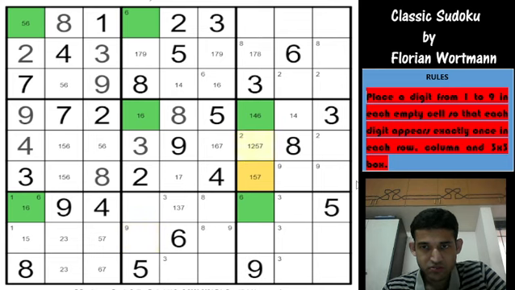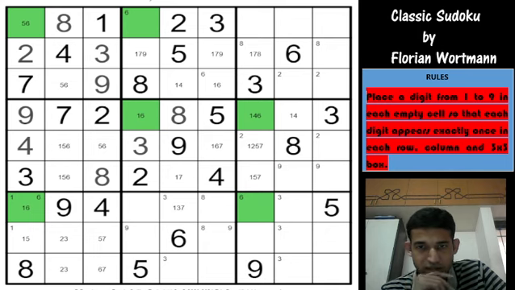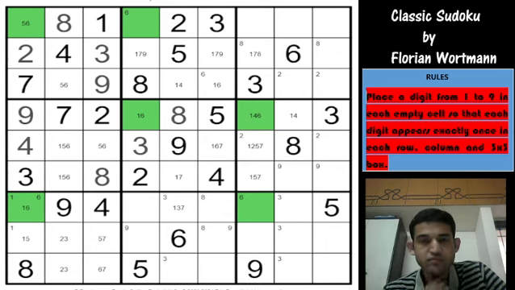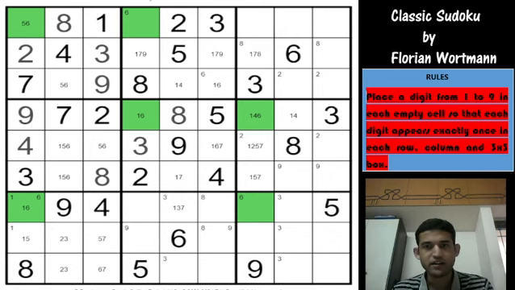So okay, we have marked and removed 6 from all the places where we would want to eliminate that. Okay, I don't think this swordfish really helped us, right? Did nothing actually.